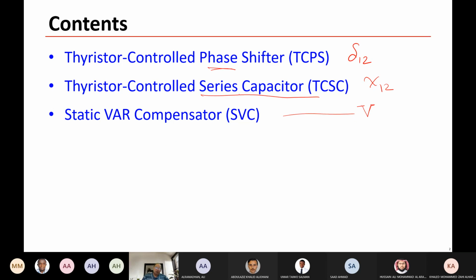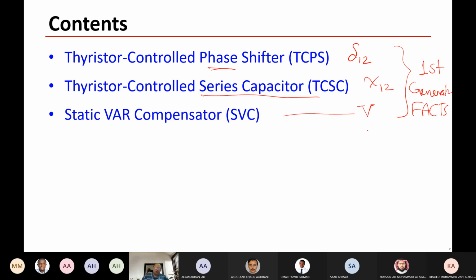These are the basic FACTS devices that can affect one of those. Generally, we call this the first generation of FACTS devices.